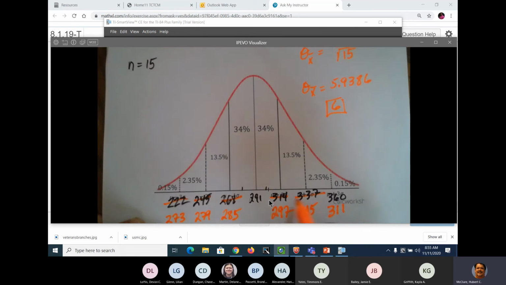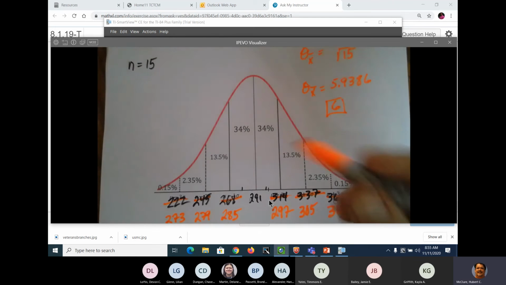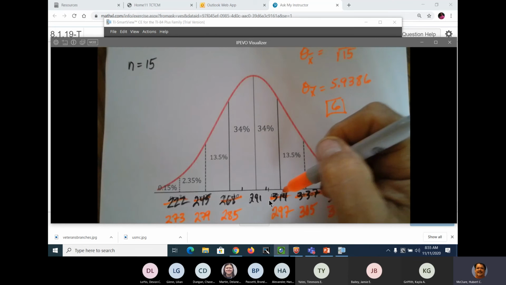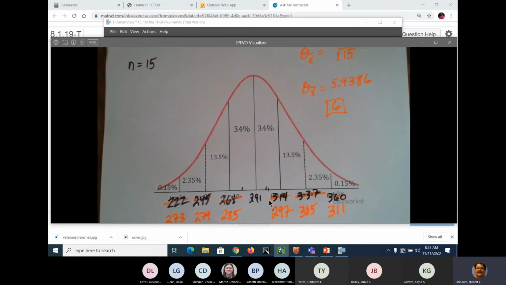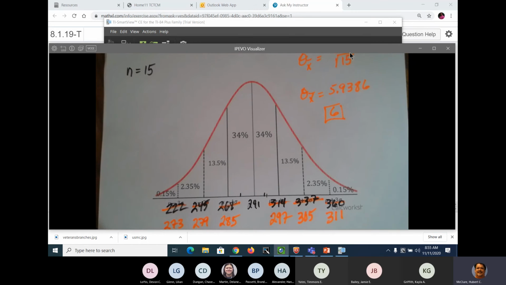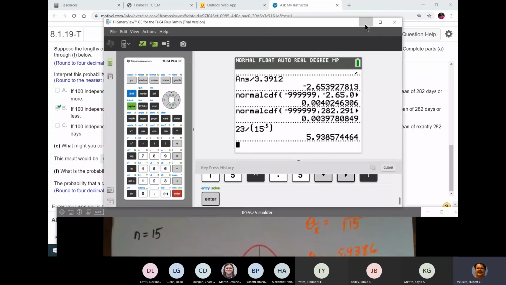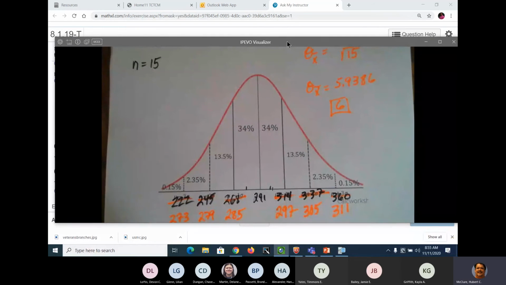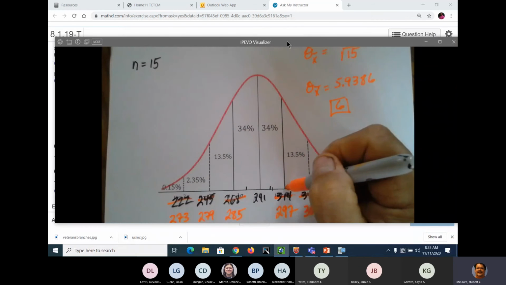Of course, y'all can check my math. Now, 291 to 297 is 6. Half of 6 is 3. They want to know how many within 9 days. So we know this is 6 days.